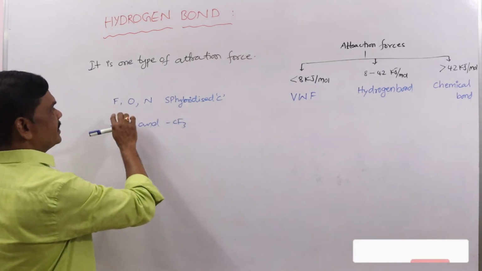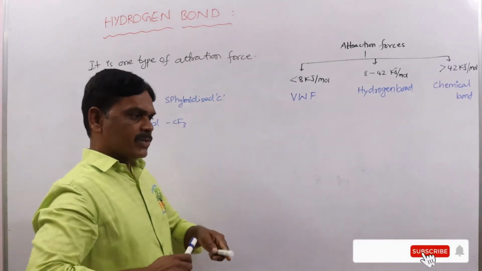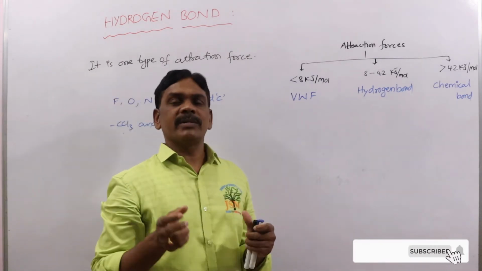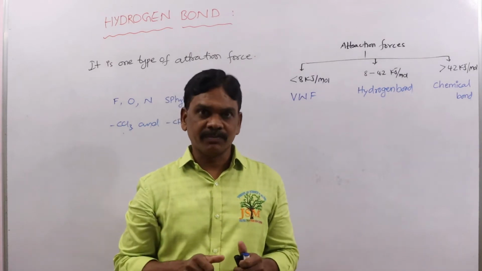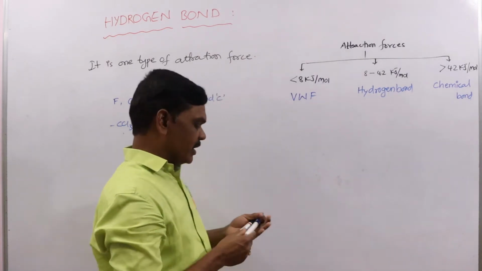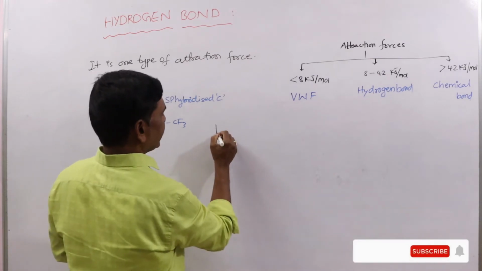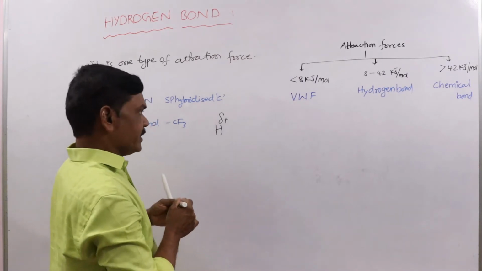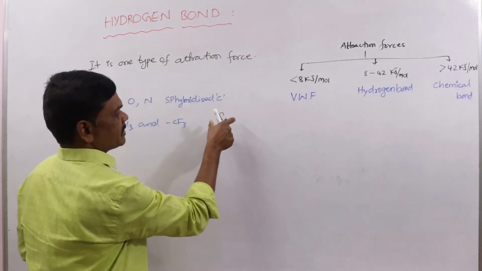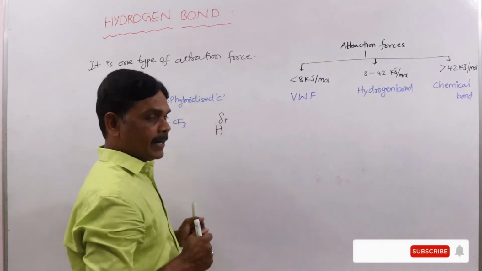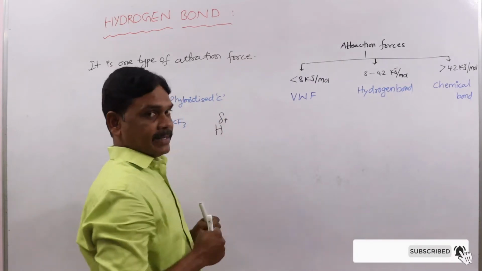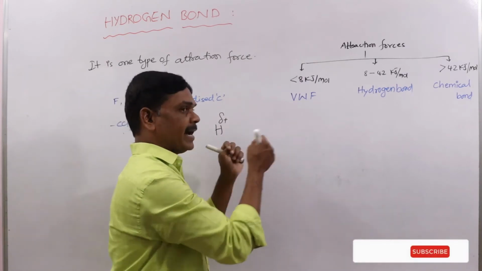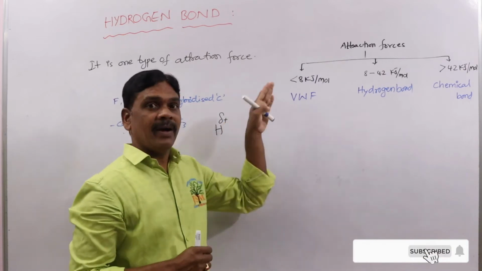So when hydrogen is attached to these highly electronegative atoms, what happens? The hydrogen partially gets a positive charge. Once a partial positive charge is formed on hydrogen, it attracts a pair of electrons of another atom.